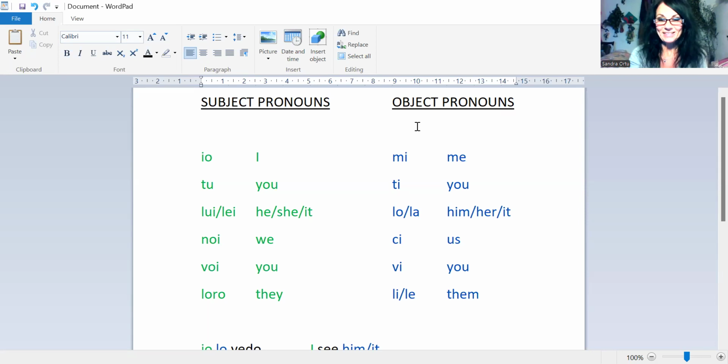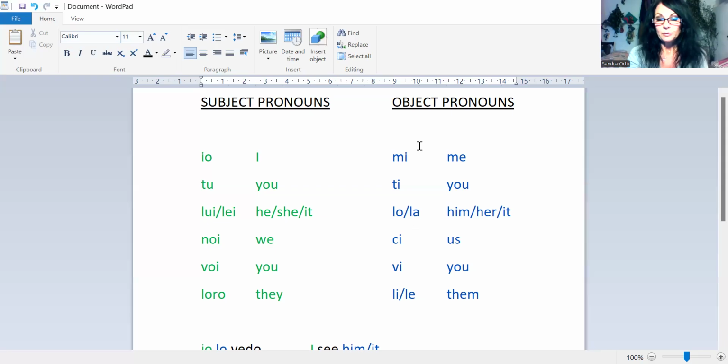So what we saw last time was this in Italian: mi, ti, lo, la, ci, vi, li, le. We saw them, in fact, in a dialogue, and then we saw the grammar side of it, so where they are positioned in a sentence and what the meaning is.